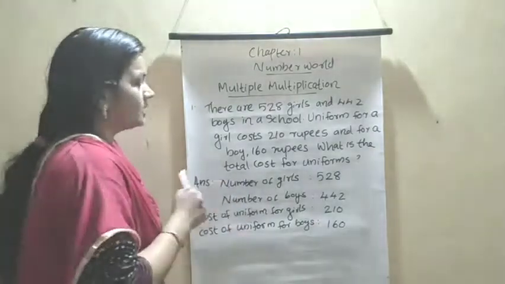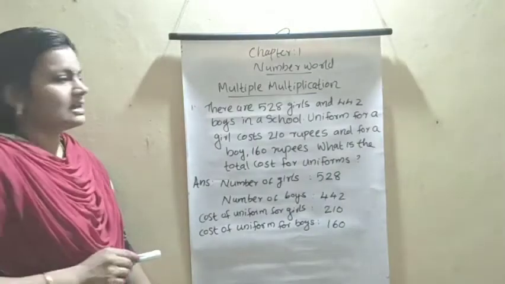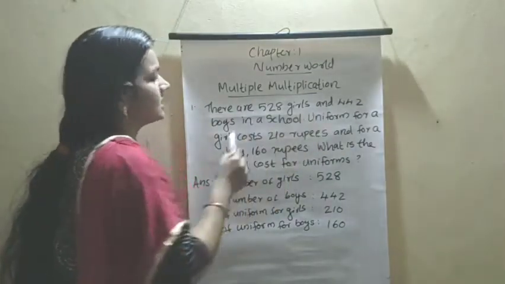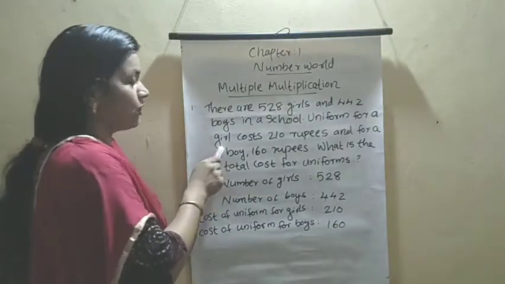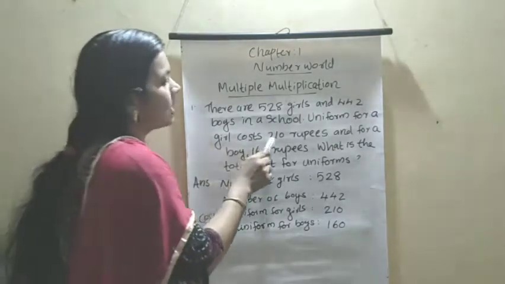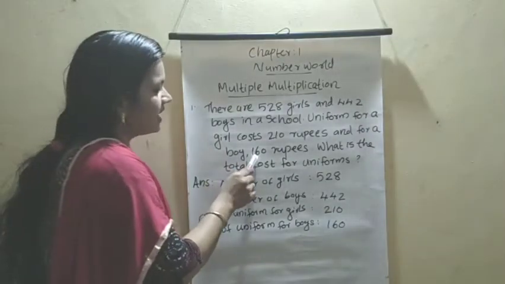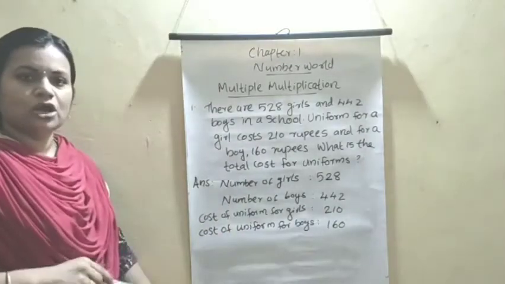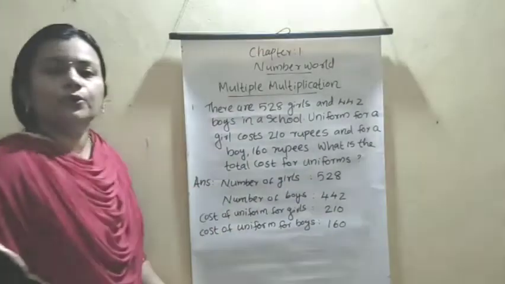In one school, the number of girls and boys are given. I have to find the uniform cost for girls, 210 rupees, and the uniform cost for boys, 160 rupees. So we want to find the total cost for the uniform.